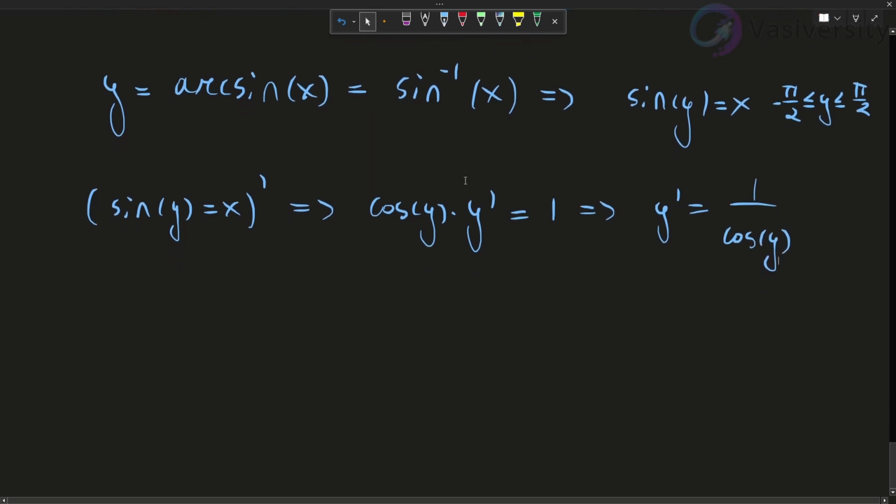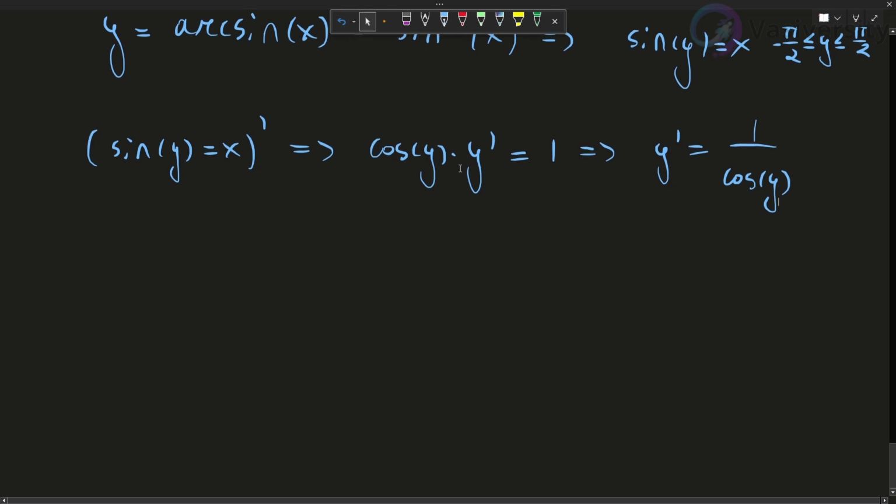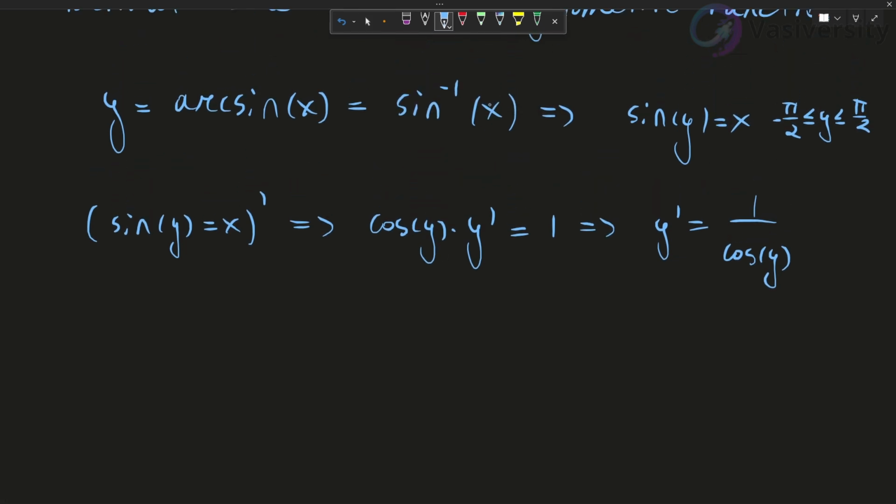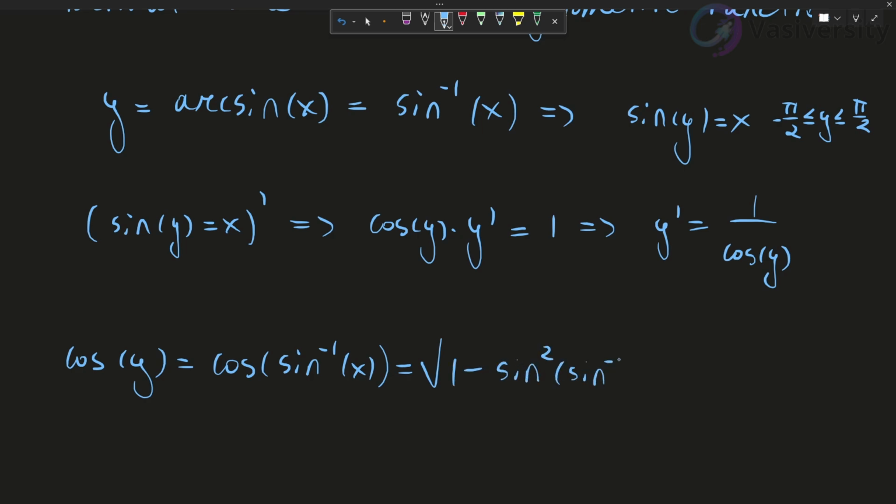Now we know that y is equal to sine inverse of x. So cosine of y, which is cosine of sine inverse of x, by using the trigonometric identity, is going to be the square root of 1 minus sine squared of sine inverse of x.